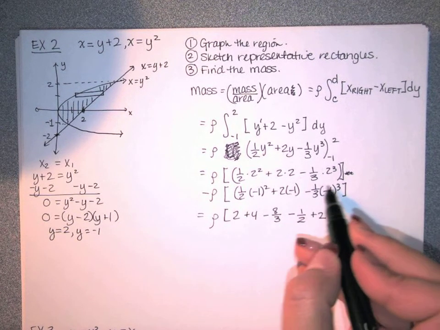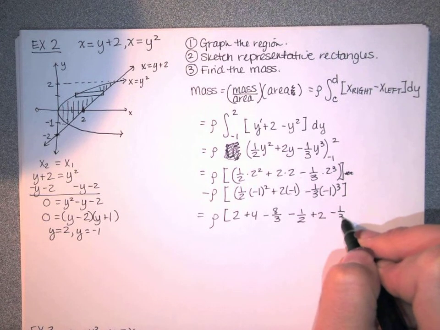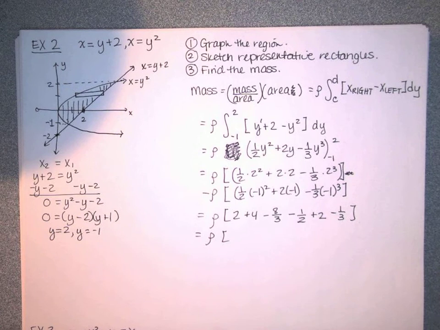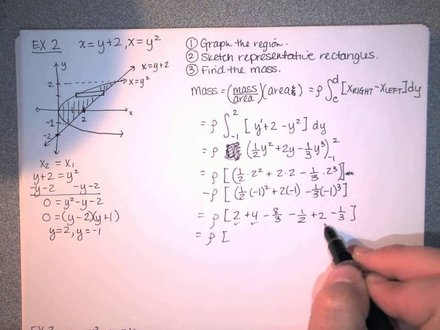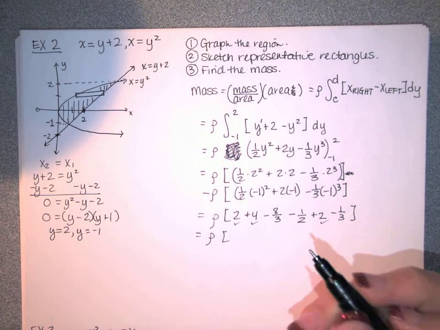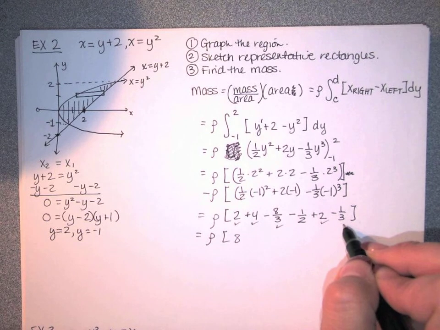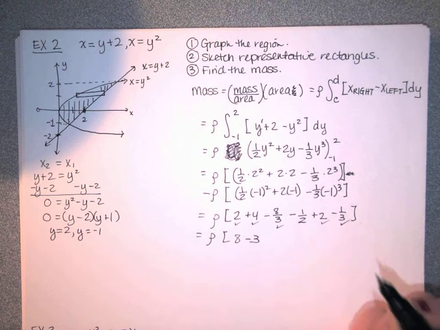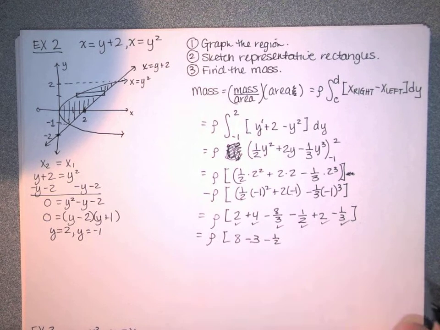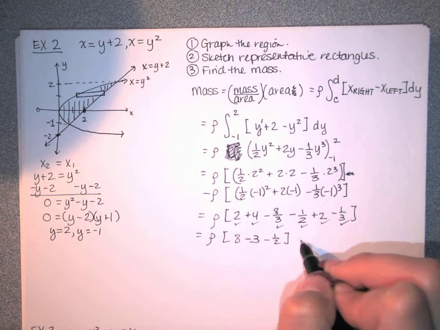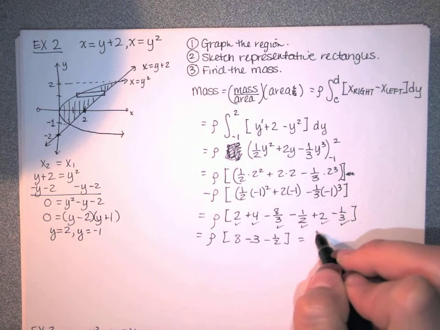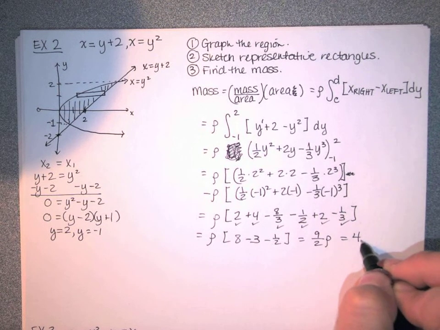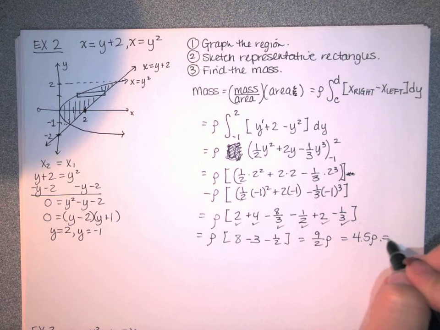And this is a positive 1/3, and I'm subtracting it. So that's 2 and 4 and 2 is 8. Subtracting 8 over 3 and 1 over 3, I'm subtracting 9 over 3, so I'm subtracting 3. And then I also need to subtract 1/2. So it looks like 5 minus 1/2, or 4.5. So that's 9 over 2 times rho, or 4.5 rho. Okay, that's our mass.